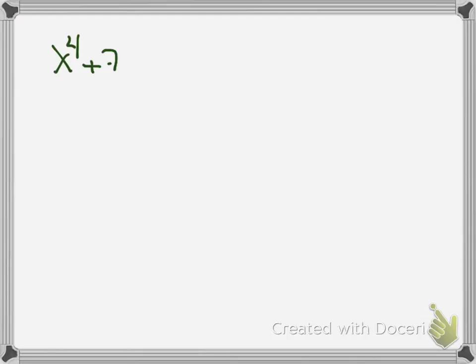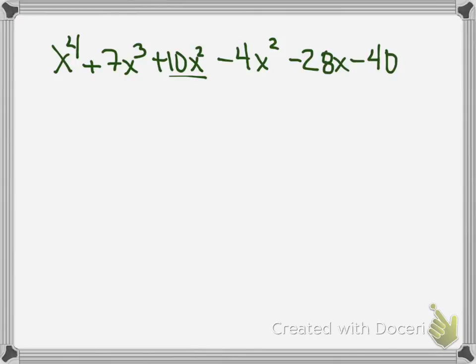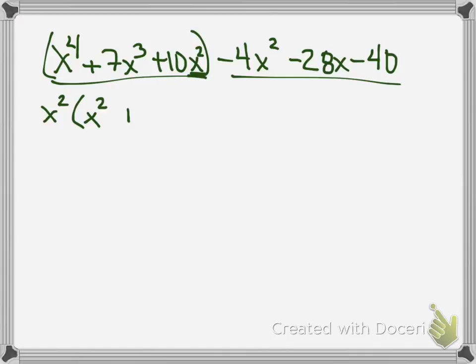So we have x to the fourth here plus 7x cubed plus 10x squared minus 4x squared minus 28x plus, or I'm sorry, minus 40 or whatever it says. Okay, so notice again how I'm separating the first three from the last three, taking out an x squared this time, and so that would give me x squared plus 7x plus 10.